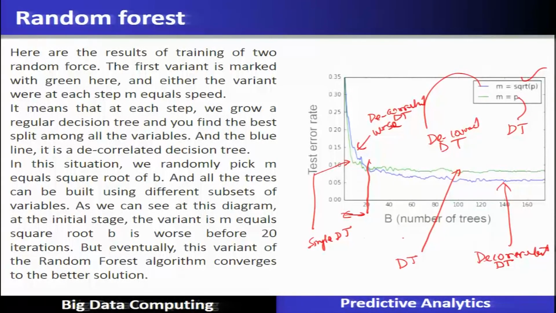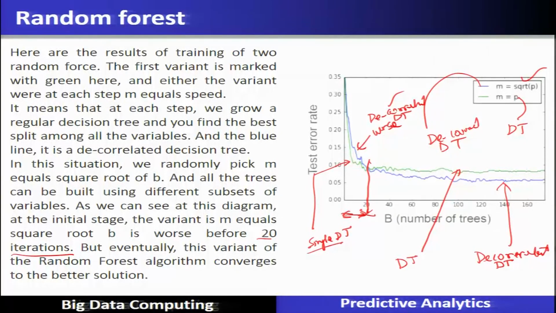That means if the number of trees is less than 20, the decorrelated decision tree will not perform as well as the single decision tree.